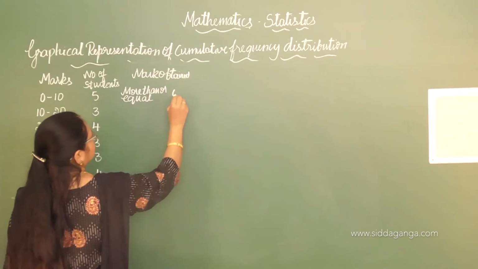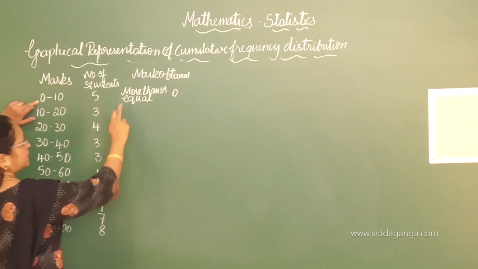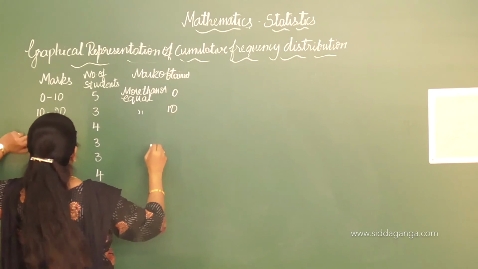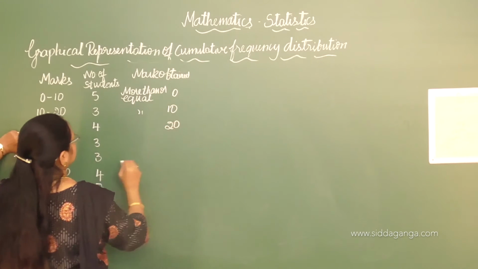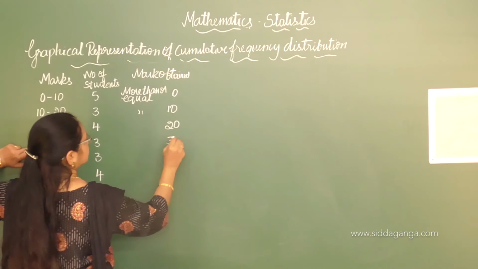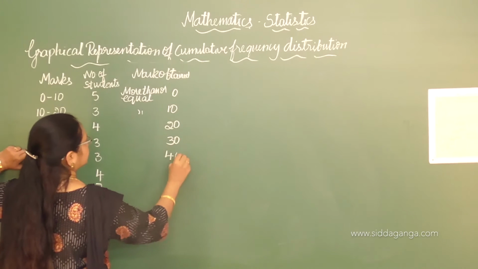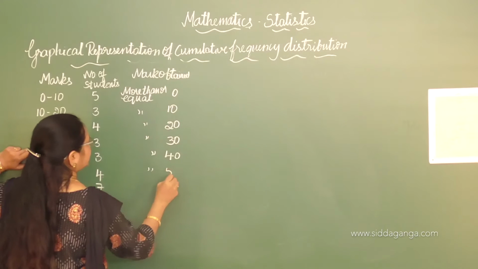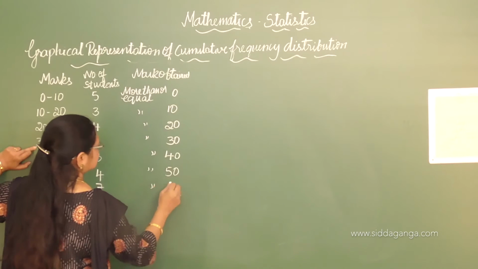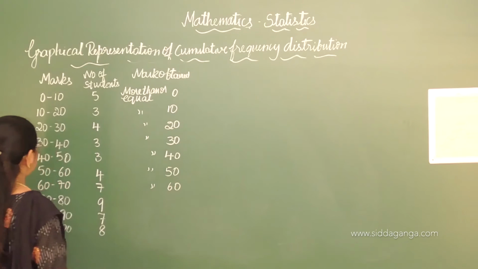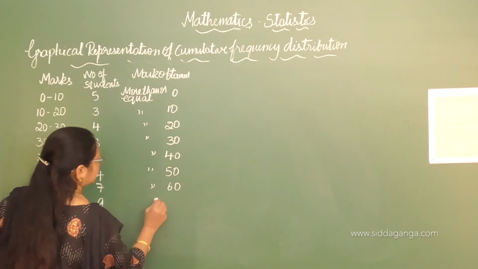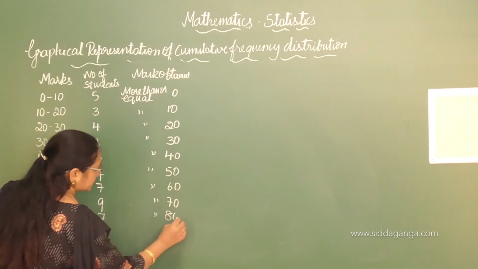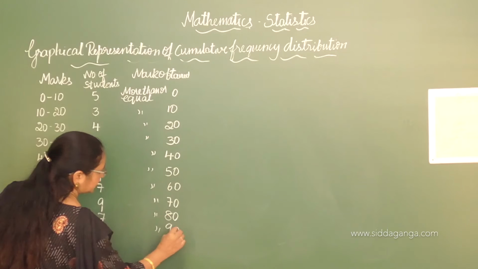So you all know you have to take the lower limit: more than or equal to 0, more than or equal to 10, more than or equal to 20, 30, 40, more than or equal to 50, 60, 70, 80, 90.